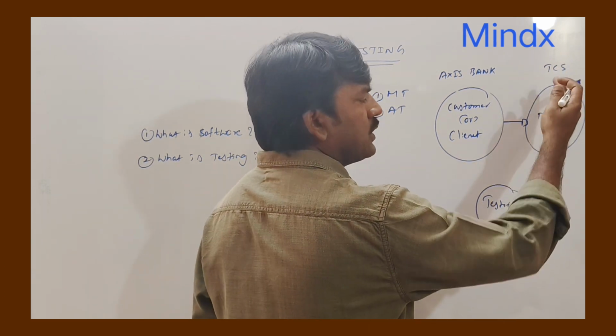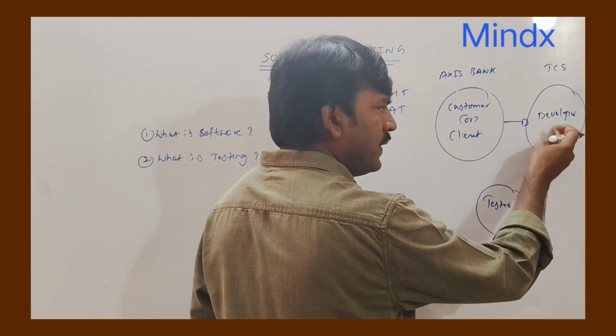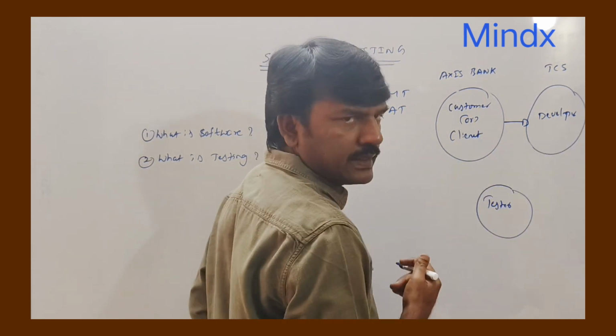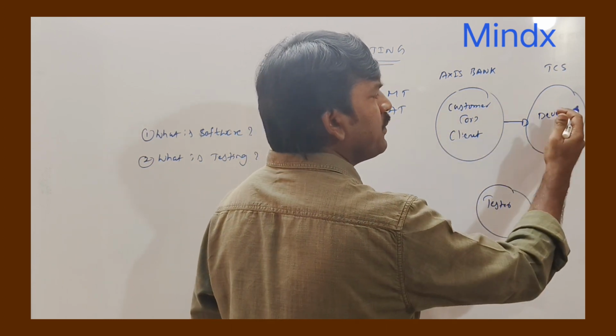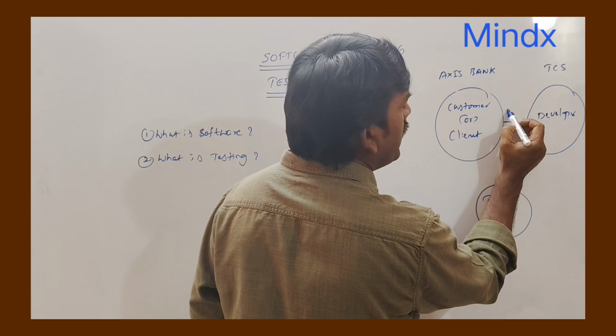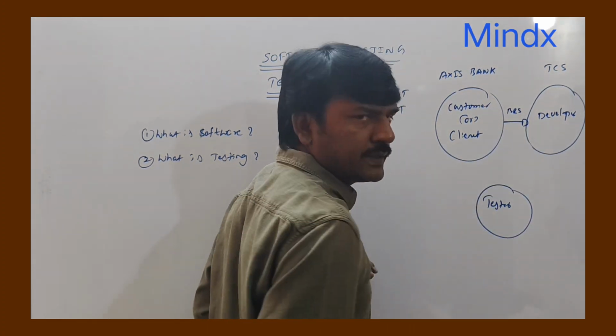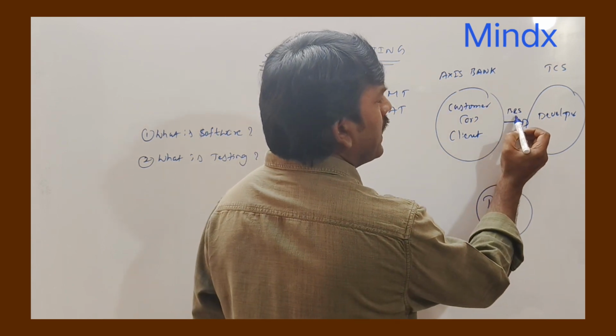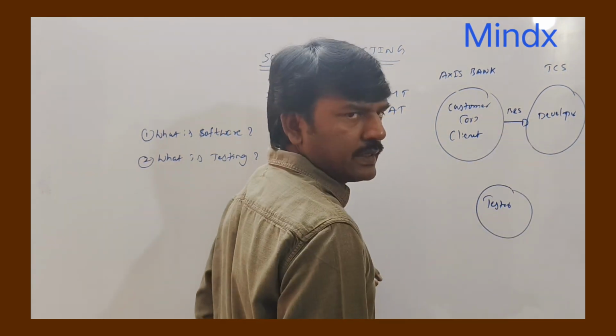So TCS, this developer also, they want some input from the client. The client gives some input to the developer. What is the input from the client? That is called BRS. BRS means business requirement specification.